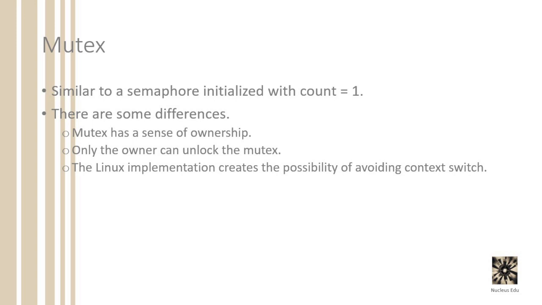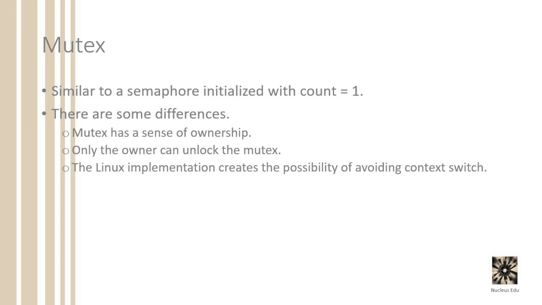And this phase is basically called optimistic spinning. We will look into the details in some time, but what it basically gives is a chance for the task trying to acquire the mutex to avoid this very expensive context switch of preempting out and later back in. Right, this is one big difference.